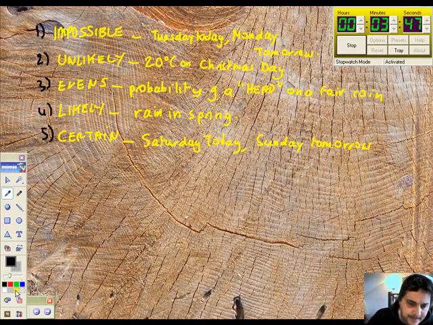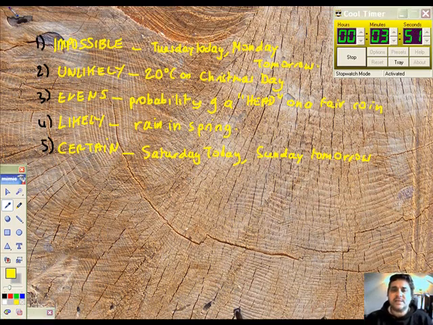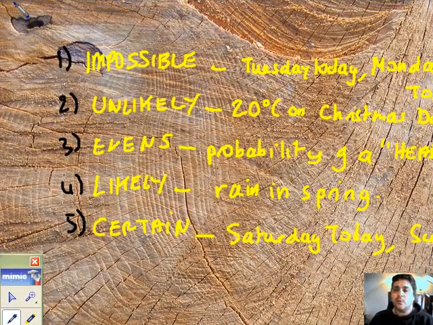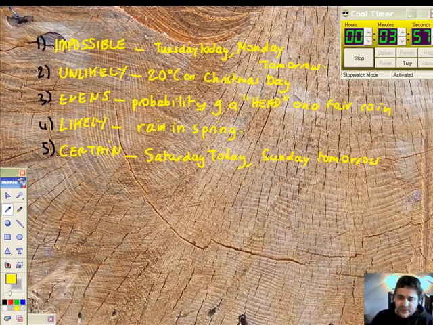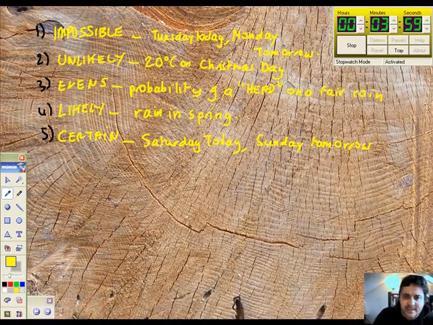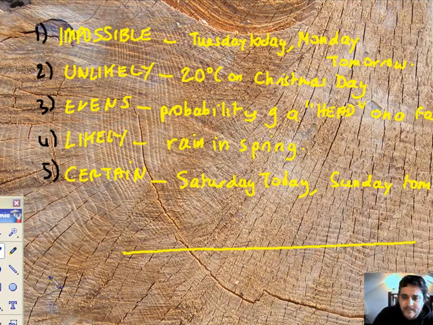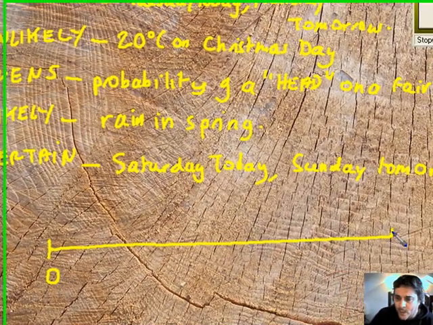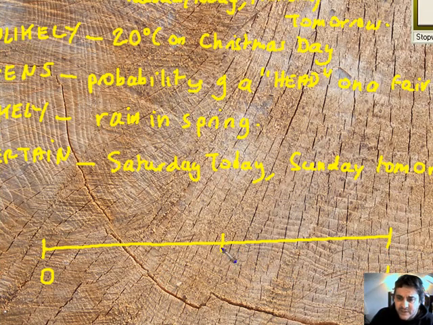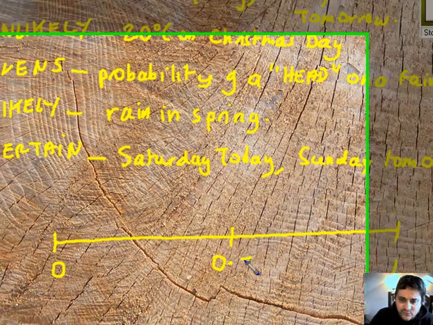Changing direction slightly, you can actually quote probabilities as decimals or fractions or percentages, and I'm sure in Key Stage 3 you were introduced to a number line. So here's a number line, and I'm really looking at question 3 where the number line has been introduced. That's meant to be a straight line. 0 is a great place to start, 1 is a great place to finish, and 0.5 is right in the middle.